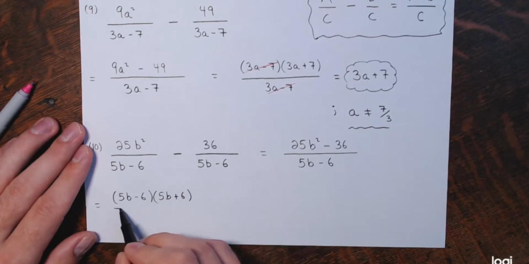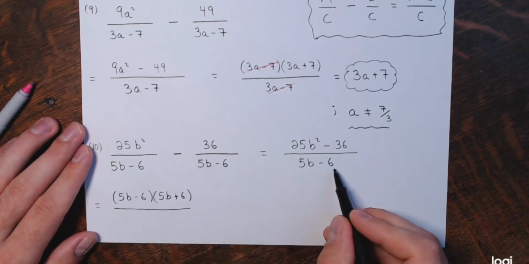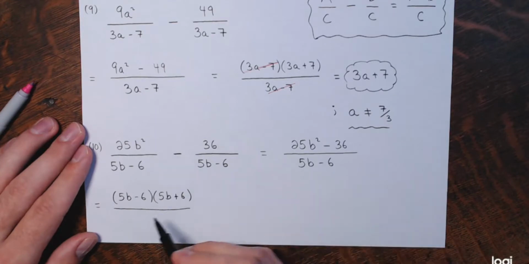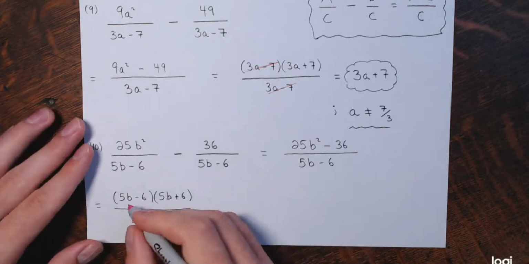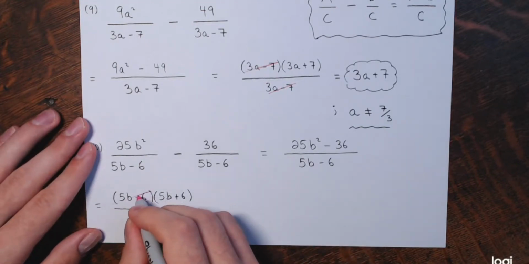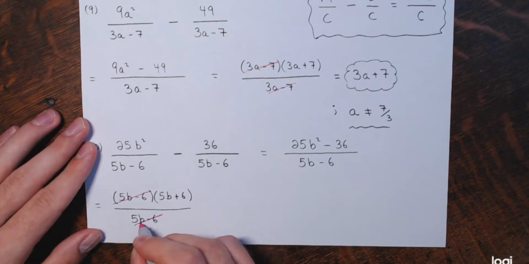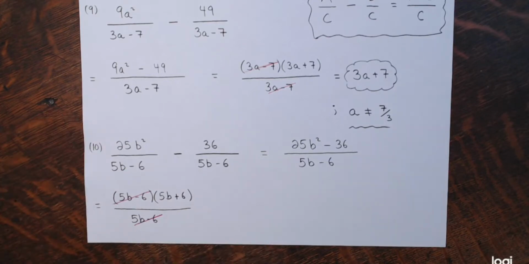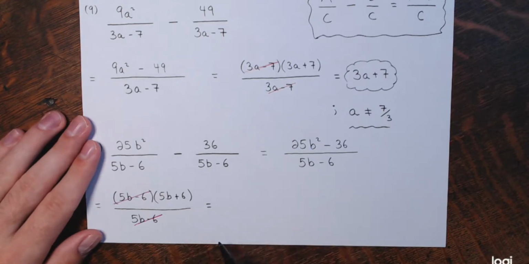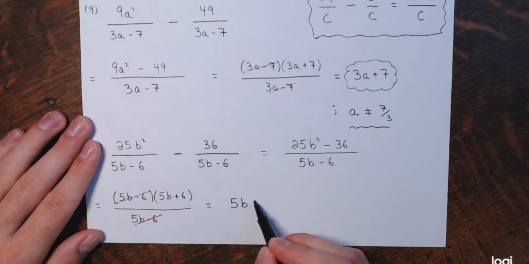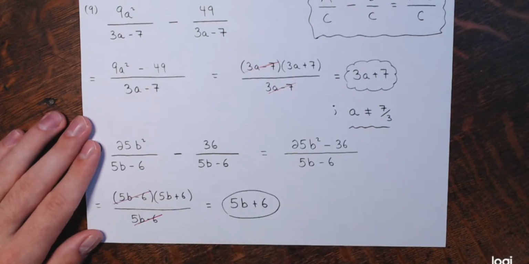And the denominator doesn't factor any further, so 5b minus 6 would be its only factor. And then it's obvious now that 5b minus 6 is a common factor in the numerator and denominator, so I'll cross those out, make those into 1, and I'm left with 5b plus 6 in the numerator and 1 in the denominator. So just 5b plus 6.